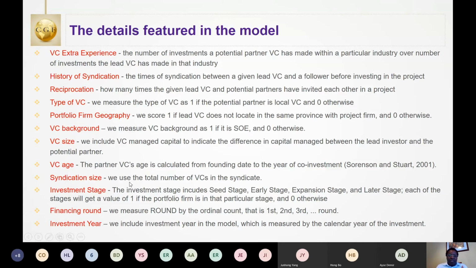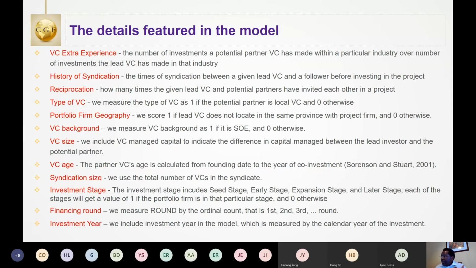Syndication size, the total number of VCs in the syndicate. Investment stage, there are three stages I mentioned earlier. We can break it down into seed stage, early stage, expansion stage, and later stage.